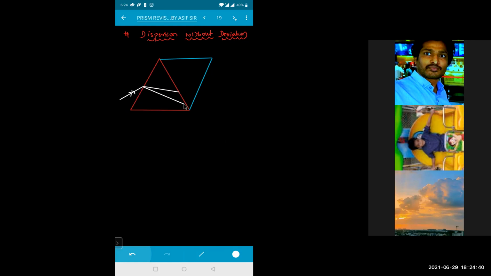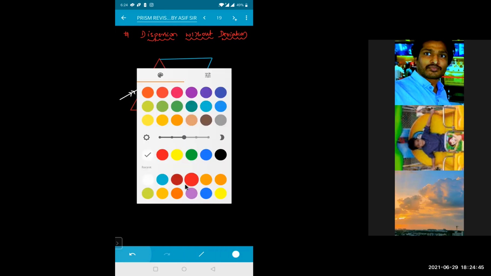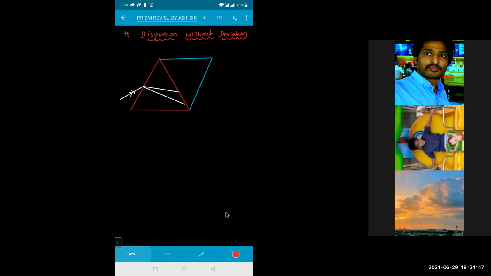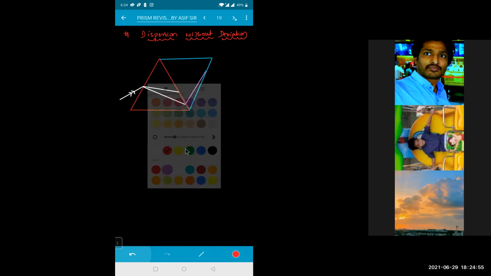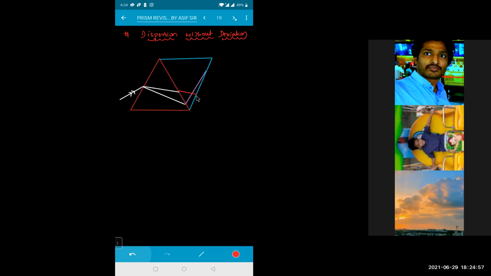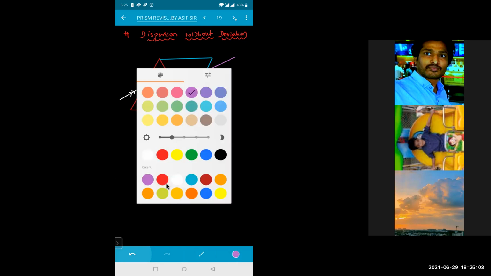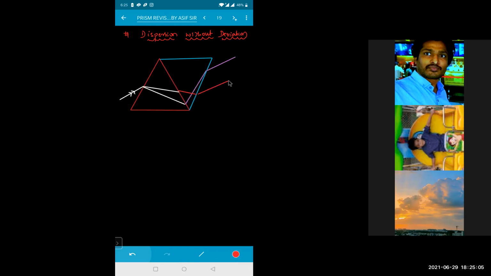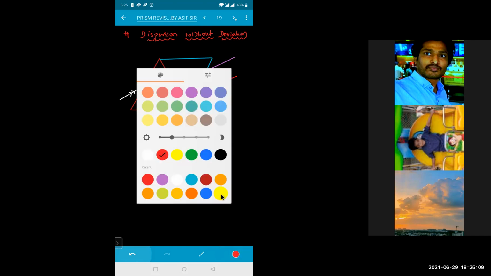One more ray of light will go with deviation like this, but this ray is without deviation. So internally deviation will be there, but finally it will not be there. So there will be red light here. From this one again, this white light is going out like this, and this red light is going out like this.